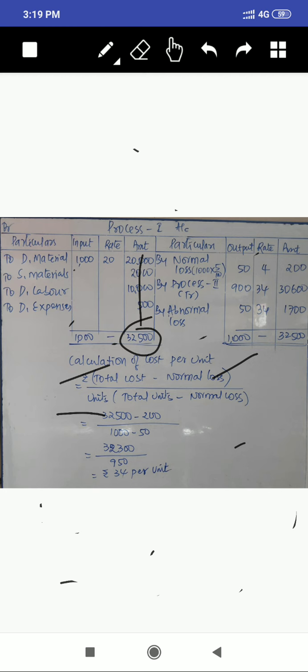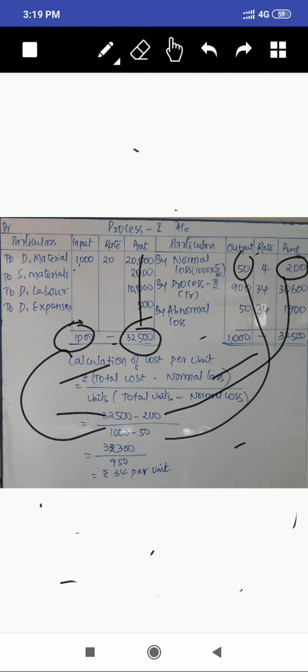Then what is normal loss? Normal loss means this amount here, 200. Then what is total units? Total units means this one, 1000. What is normal loss? 50. So 32,500 minus 200, and 1000 minus 50 normal loss, then you will get this 34 rupee per unit.